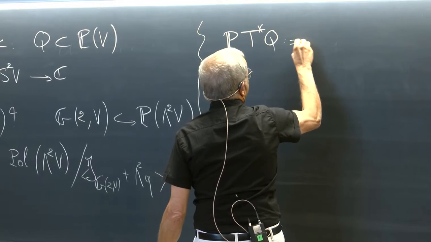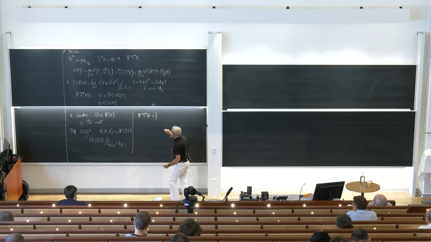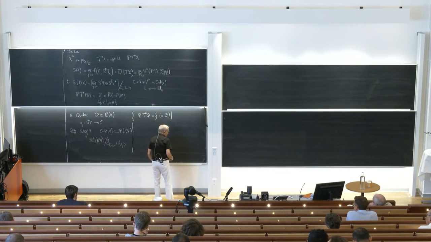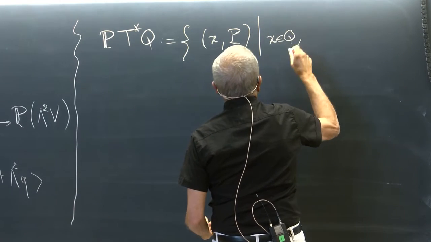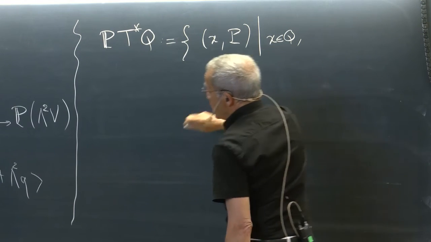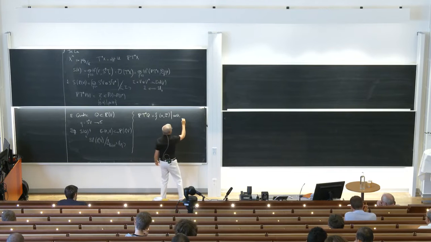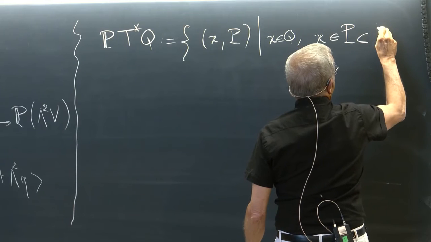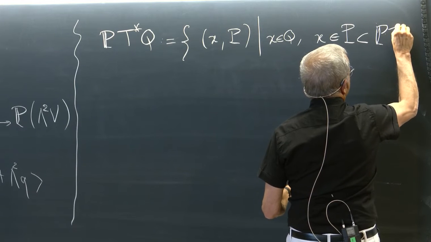You can see it as a space of pairs, X in Q, of course, and some P. X is in Q, and P is a hyperplane in the projective tangent space to Q. So this is X in P in PTX, or PTXQ.